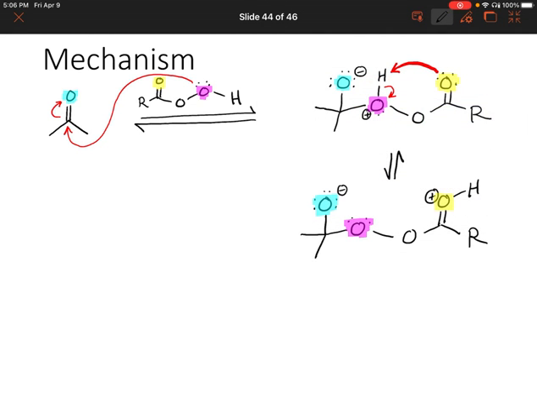Okay, so this next step is going to get a little interesting here. The blue oxygen is now going to move one of its lone pairs of electrons down to create a double bond.